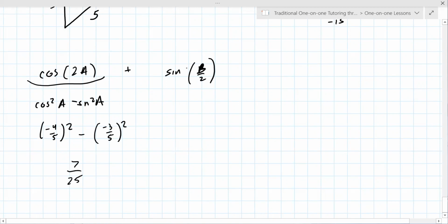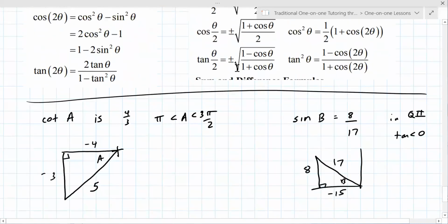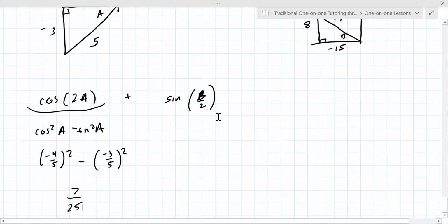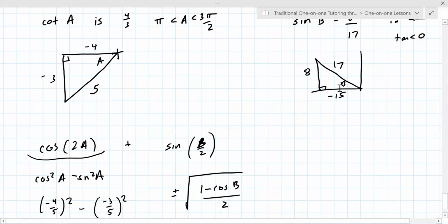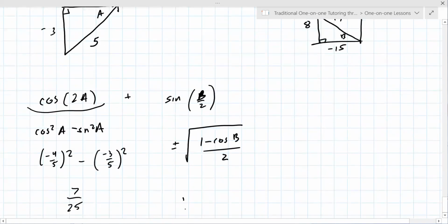And then sine of B over 2. We've got to go get a formula for that. That's plus or minus the square root of 1 minus cosine B over 2. Okay, we'll deal with the plus or minus in a moment. Cosine B is minus 15 over 17. So it's 1 minus minus 15 over 17, over 2.